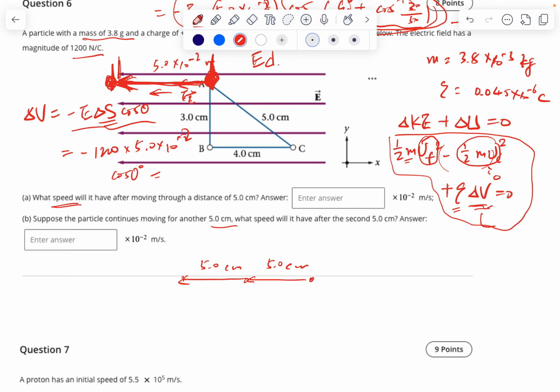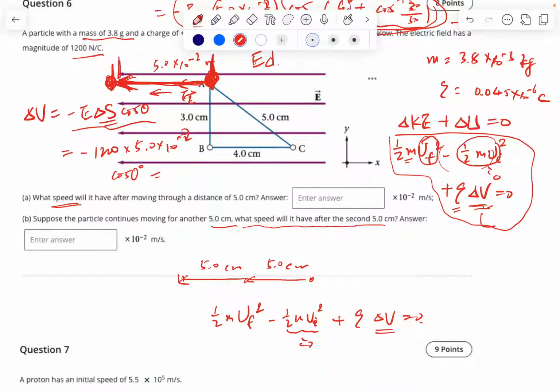Now the potential difference is different. It is 1/2 m v final squared minus 1/2 m v initial squared, and the initial term is 0, plus q delta V equals 0.